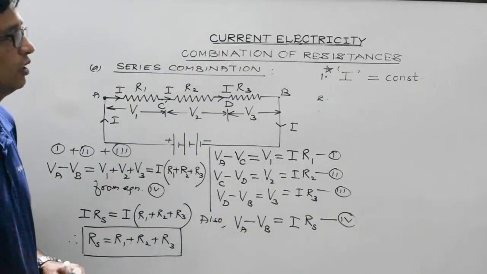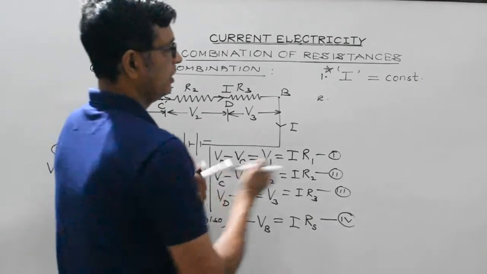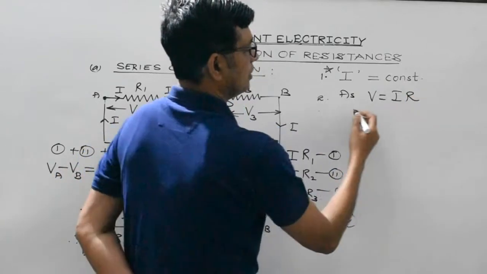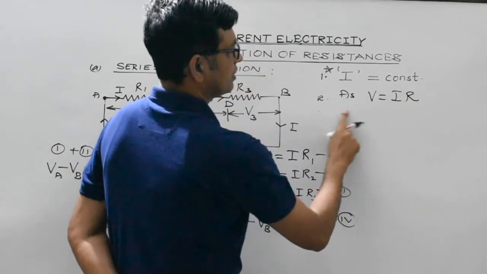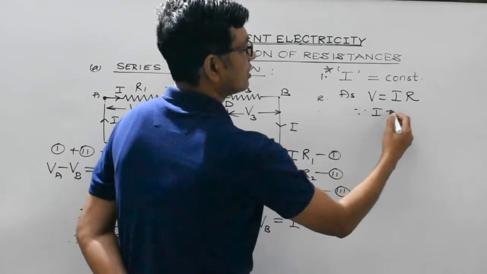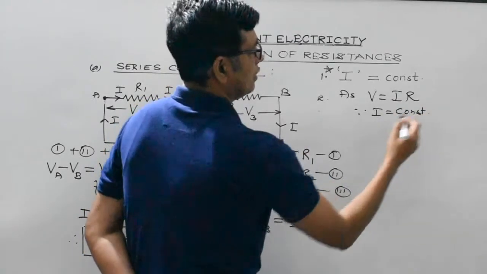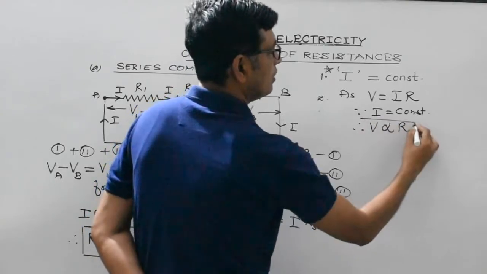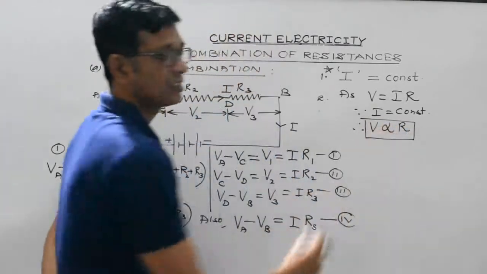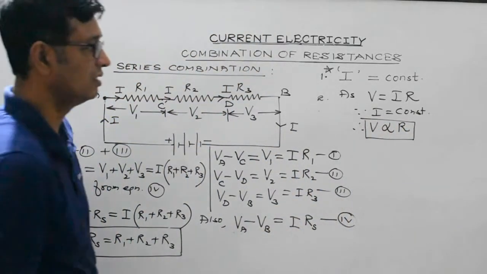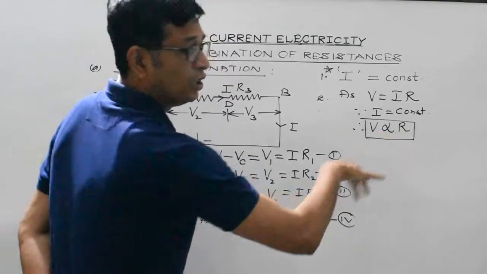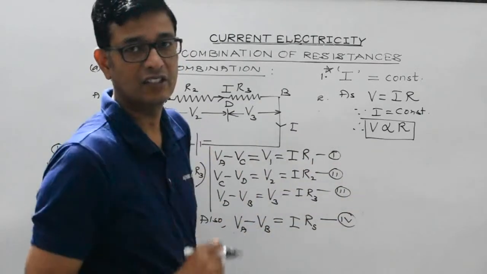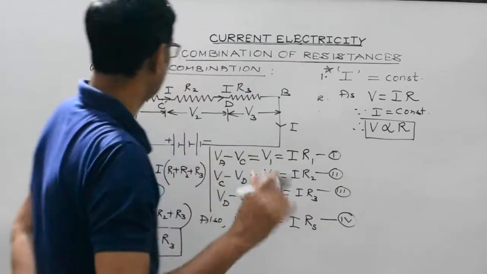Second, from Ohm's law we are aware V is equal to IR. Therefore, since I is constant, V is proportional to R. So what it suggests is the higher the value of resistance, the more will be the potential difference across that resistor. I'll give you an example.